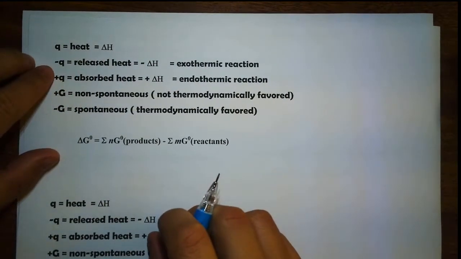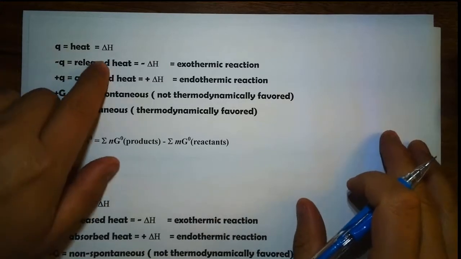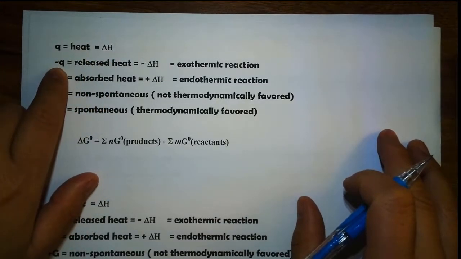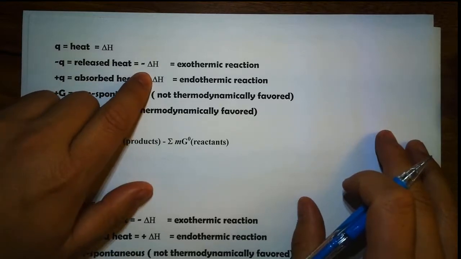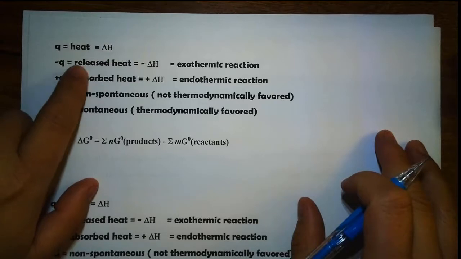Now we also learned that negative Q means we are losing heat, or the system is releasing heat. So we can make a relationship: if I have negative Q, or negative heat, therefore I must have negative delta H. So negative delta H and negative Q mean releasing heat.